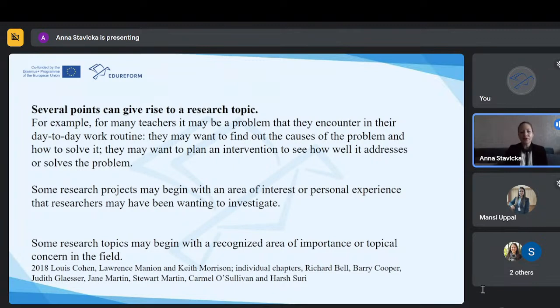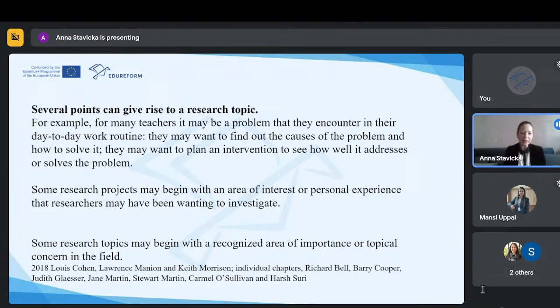Some research projects may begin with an area of interest or personal experience the researchers may have been wanting to investigate. Maybe it's not about coming to the classroom, but a wider category like the area of interest or personal experience. Another point is that some research topics may begin with a recognized area of importance or topical concern in the field.